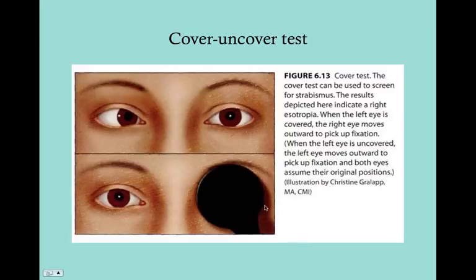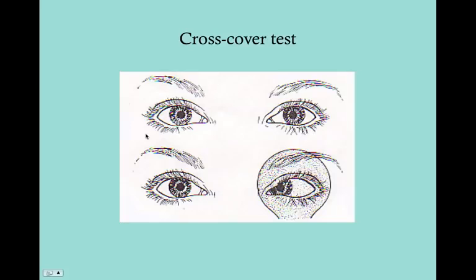But you can physically diagnose it by covering their other eye, and you note that this right esotropic eye is moved into a normal fixating position. And when you remove this cover, this right eye is going to move back into this original esotropic position. So this is the cover-uncover test.